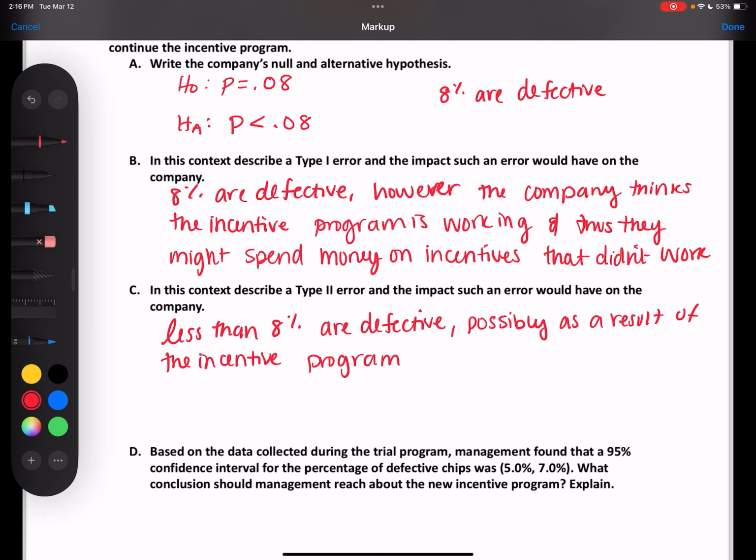So the company might fail to run the program even though it could be working.